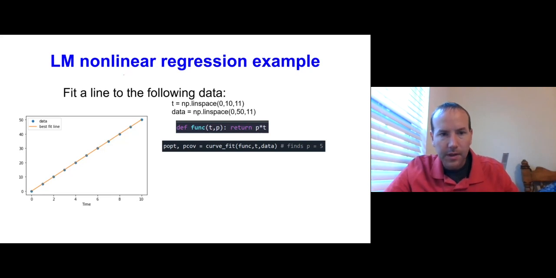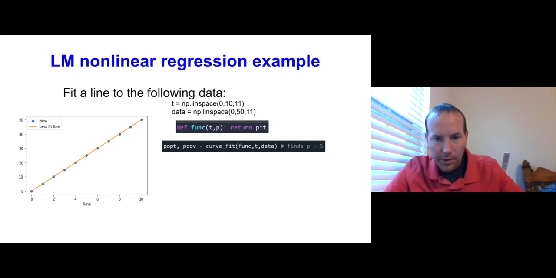So this is how you use Levenberg-Marquardt, or nonlinear regression, in Python. It's going to be very compact here. All you do is define your t, our independent variable, and the data, which is where the circles are. We define a function that we want to fit. In this case, we're just fitting a line to make it nice and easy.